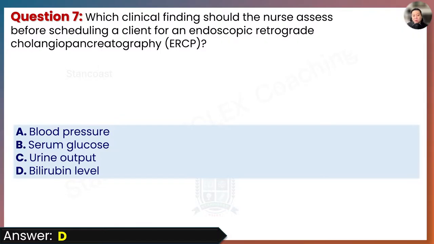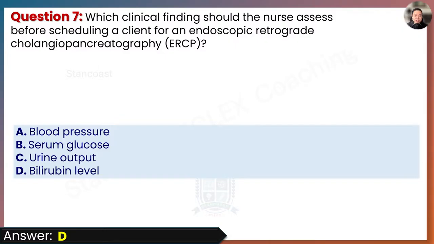So before performing the ERCP, it is very important for us nurses to assess the client's bilirubin levels. And if there is any value greater than 3 to 5 milligrams per deciliter, this may indicate severe obstruction.